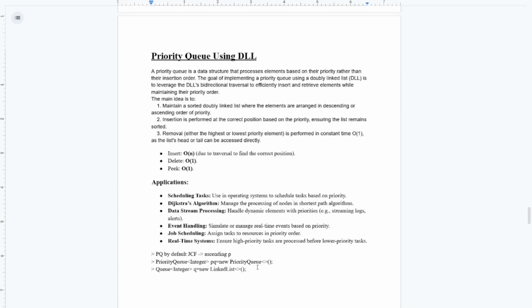Suppose you push the first element as 999, 57, or some random element, and at a point of time you say pq.peek, you will get the minimum element. And if you say pq.poll, then you will get the minimum element also, and that will be removed from the priority queue. तो आपको मिलेगा भी एंड वो रिमूव हो जाएगा. तो नेक्स्ट टाइम जब आप फिर से लाओगे pq.poll, तो आपको सेकंड मिनिमम एलिमेंट मिल जाएगा एंड वो प्रायोरिटी क्यू में से रिमूव कर दीजिए.